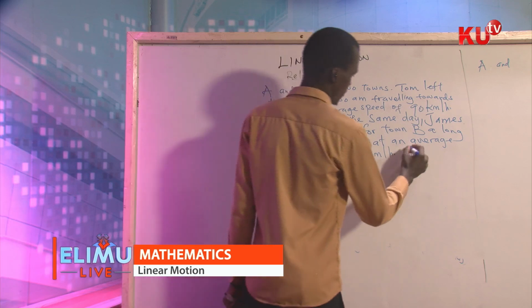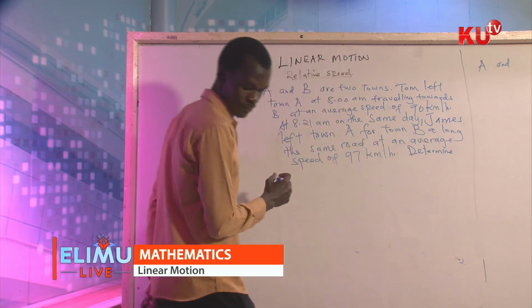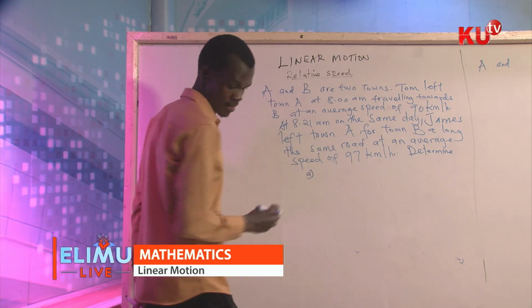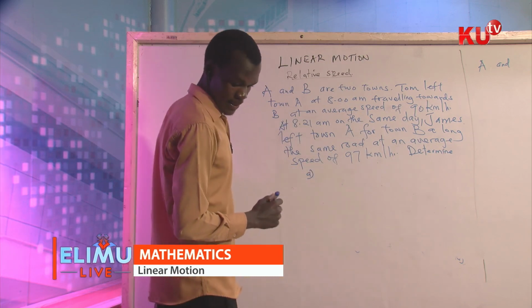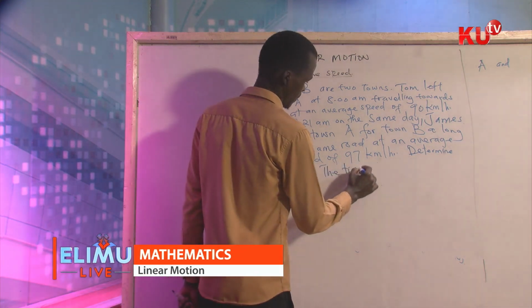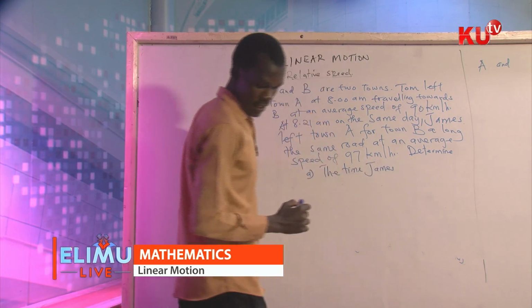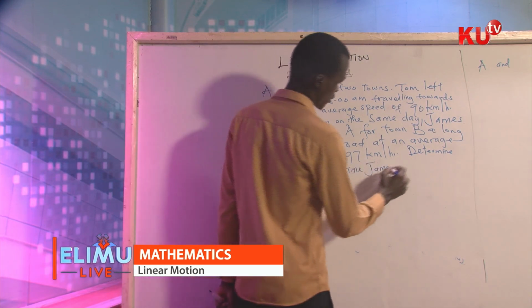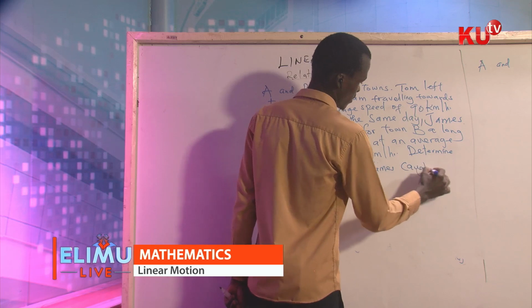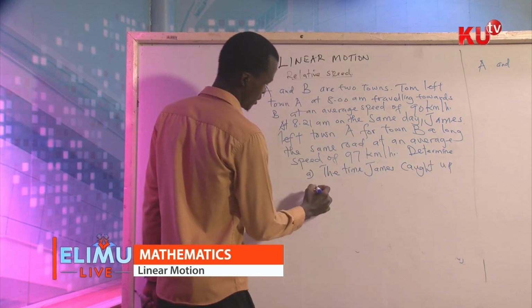They are required to determine, part A, the time James caught up with Tom.